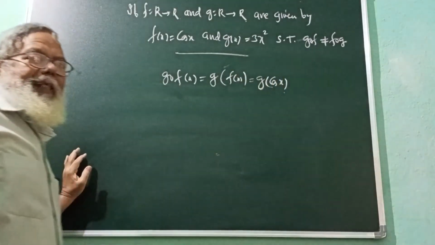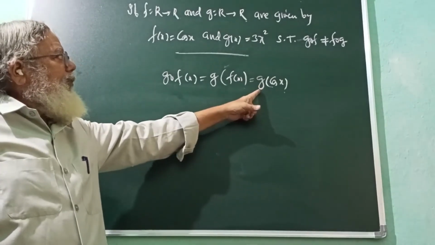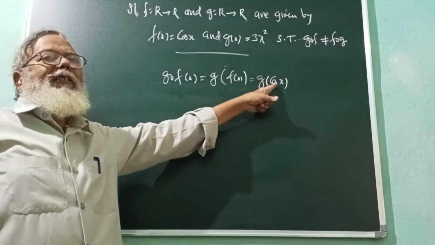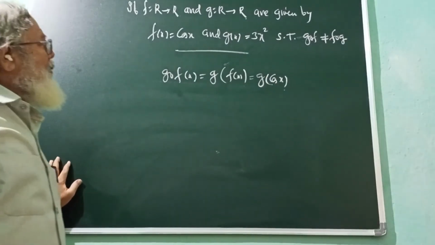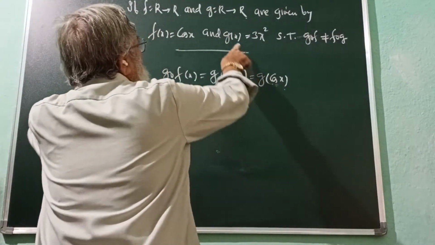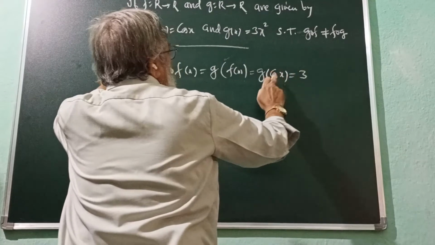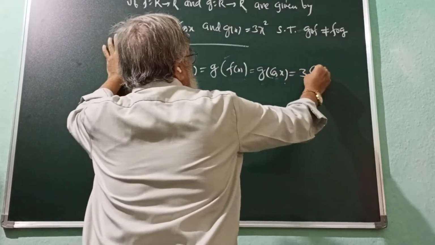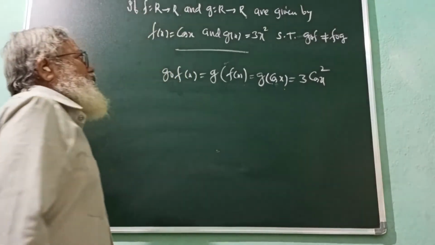Now think that while applying this function g, cos x should be treated as a constant. In place of x here, we have to apply g on that. So what is that given by? 3 times our x, which is cos x, squared. So that should be 3 cos square x.